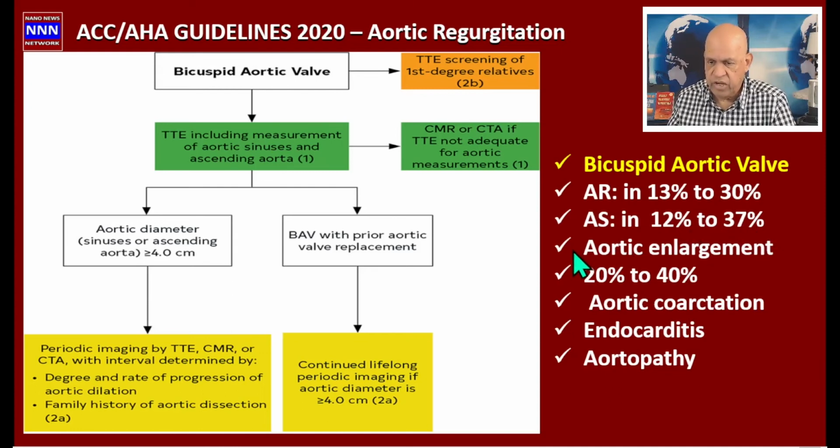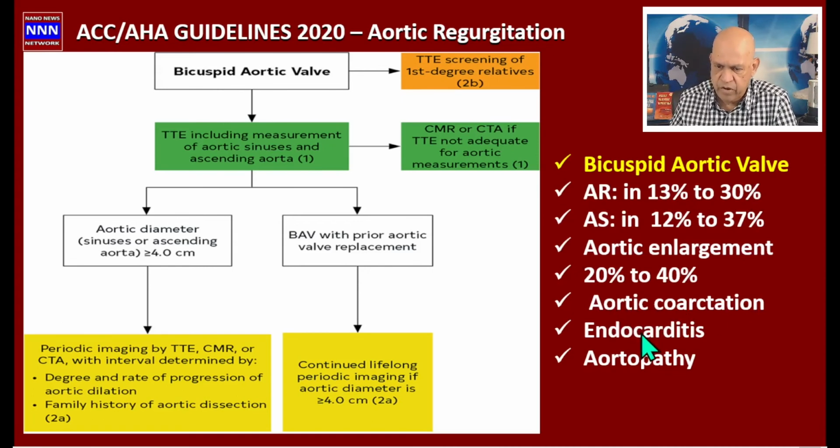It also has aortic enlargement, seen in 20 to 40% of the patients. Bicuspid valve and aortic coarctation go together. If you see these two words in a cardiology board question, they are connected. So that could be a clue that bicuspid aortic valve is usually associated with aortic coarctation.